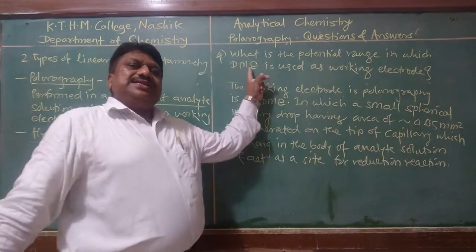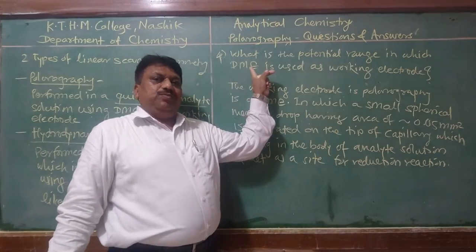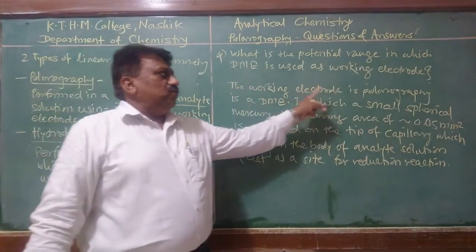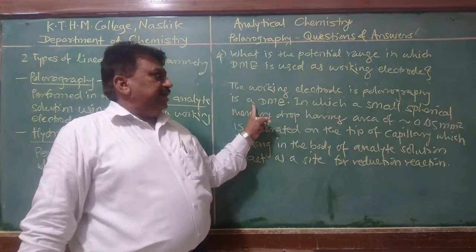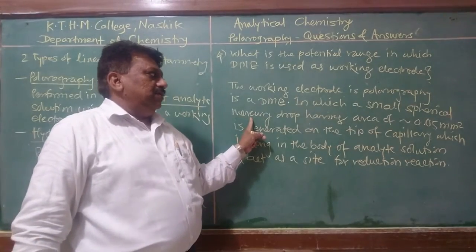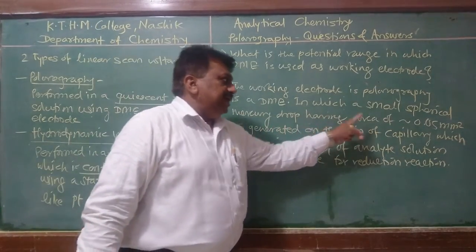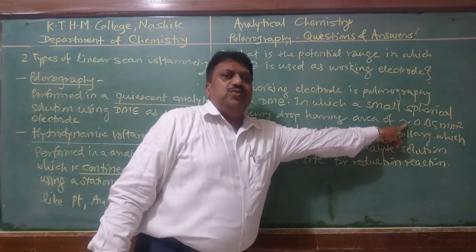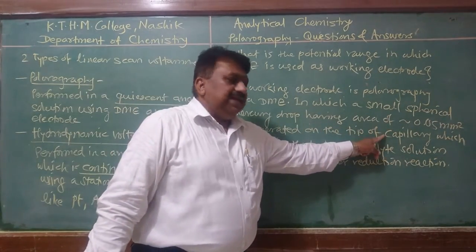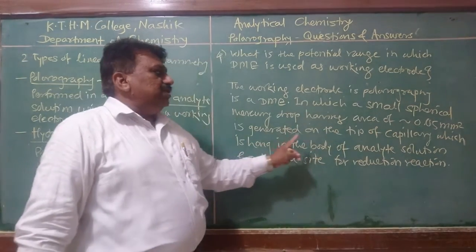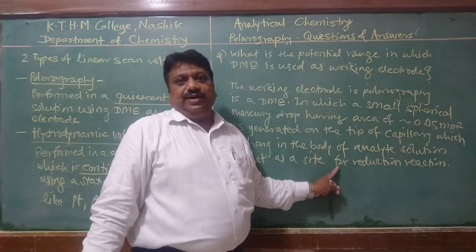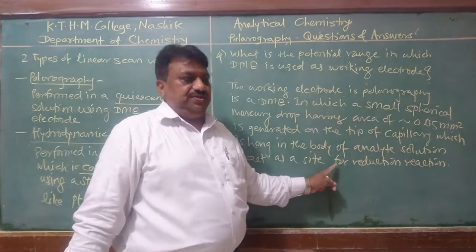Therefore, if one asks what the working electrode in polarography is, you have to write this answer: the working electrode in polarography is a dropping mercury electrode in which a small spherical drop of mercury having an area of about 0.05 square millimeter is generated on the tip of the capillary, which hangs in the body of the analyte solution and acts as a site for redox or reduction reaction.